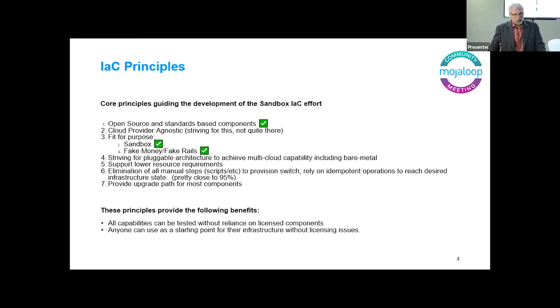So with these principles, we feel will provide the following benefits, and that is, for the open source project, it allows us to test the functionality on non-licensed components. So we have a completely open source stack that we can test all of the features of the solution. And anybody can use that as a starting point for their efforts without being encumbered by licensing issues.